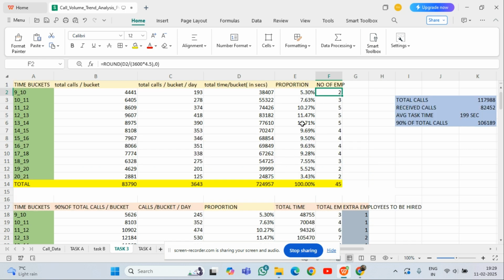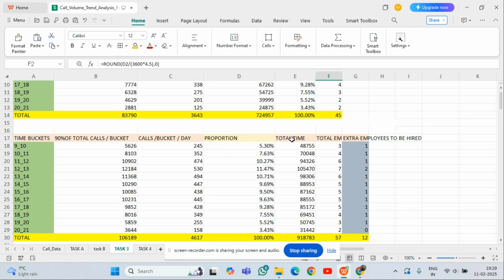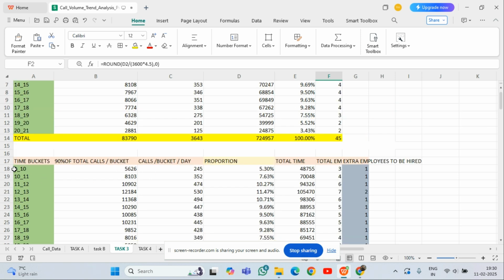Okay, this is the important point here: we'll distribute the 90% of the total calls in the same proportion as we calculated for the first case. Accordingly, we will distribute the total number of calls in each and every time bucket.